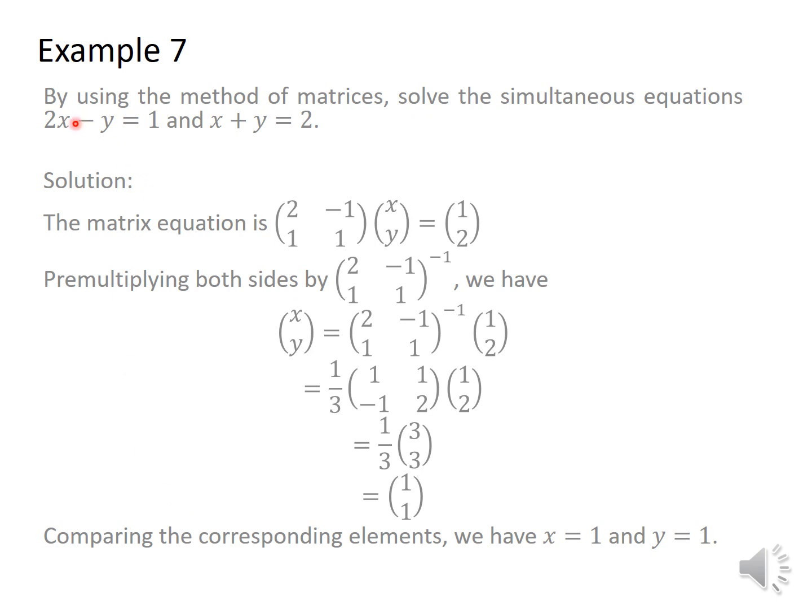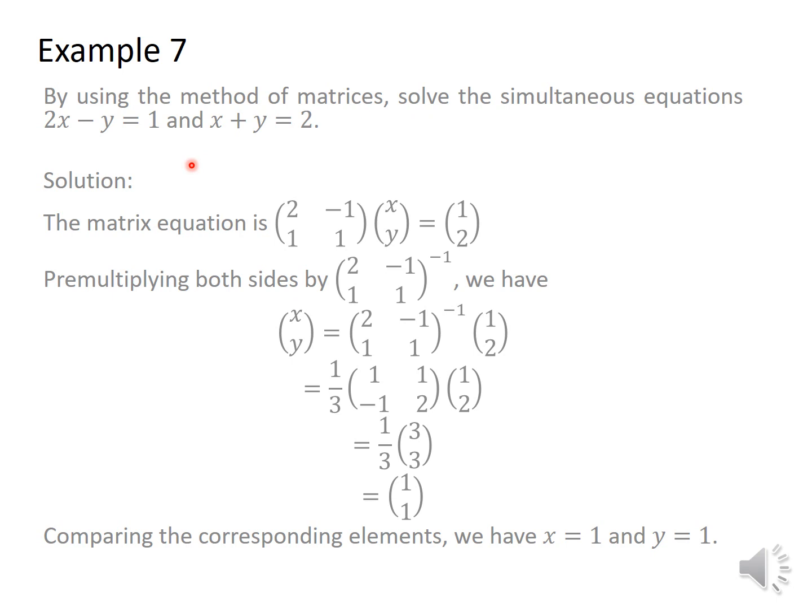Look at this example. By using the method of matrices, solve the simultaneous equations 2x minus y equal to 1 and x plus y equal to 2. I know that these two equations can be solved by using the substitution method or elimination method.